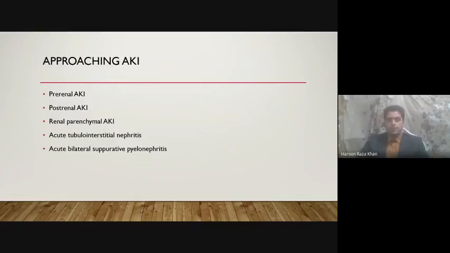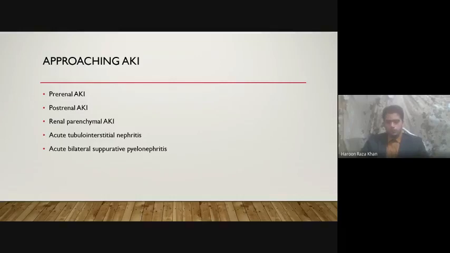Now we will talk about renal parenchymal AKI, which is pathology of the kidney in itself. The most commonly known cause is actually acute tubular necrosis. Almost any cause of the prerenal AKI, if prolonged to the point at which renal autoregulation fails, can lead to ischemic acute tubular necrosis.